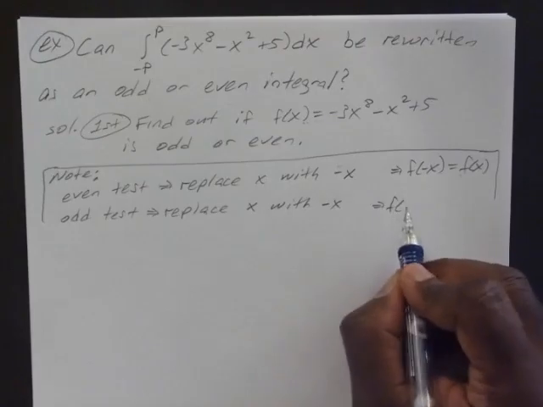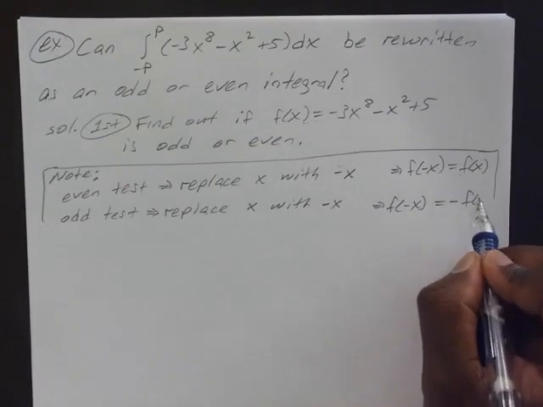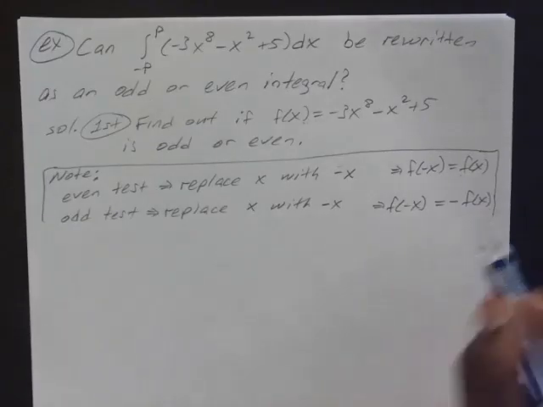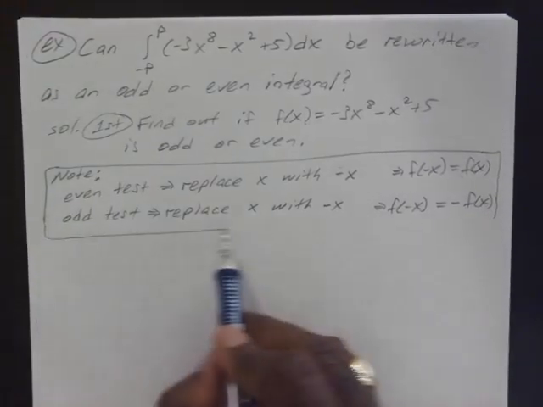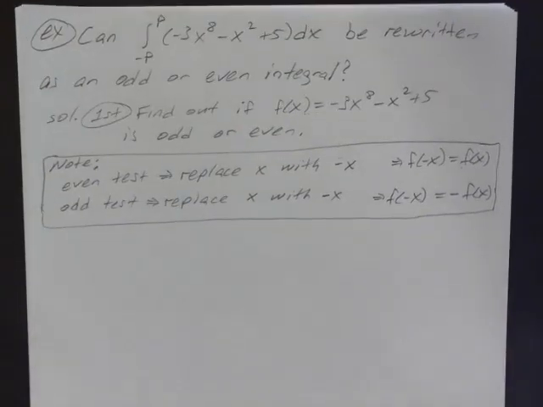So you replace x with negative x, it should equal the negative of your original function. Okay, so that's just in case. I know you've gone over this in pre-calc and intermediate algebra and all those, but just in case you forgot it.